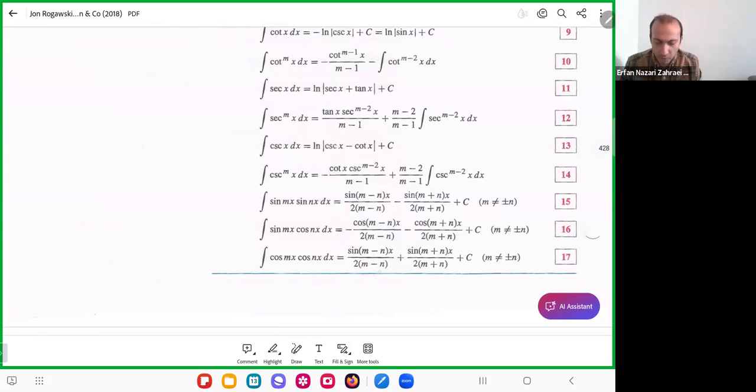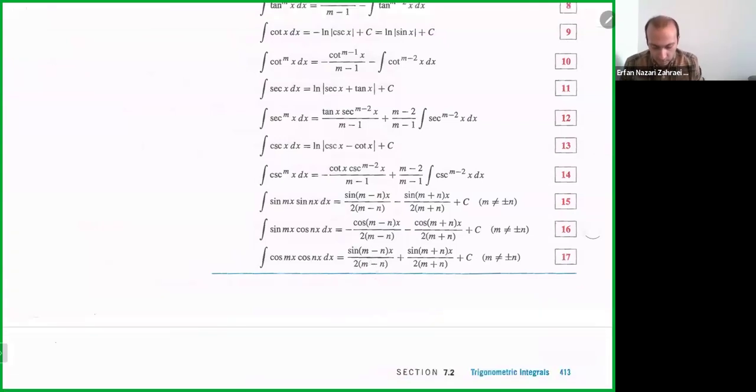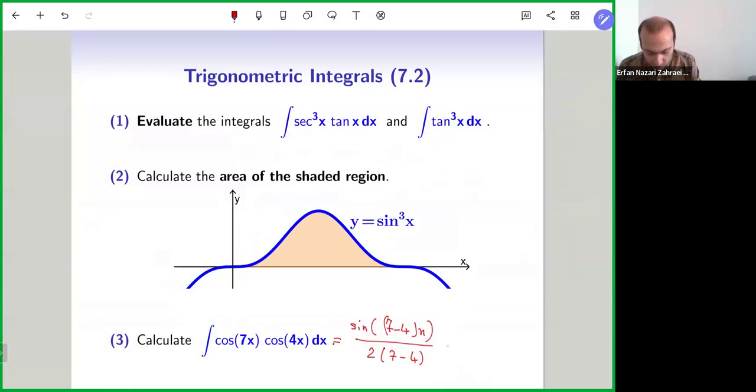It's the first term in formula number 17. Now the second term is minus sine of the sum of these, 7 plus 4, x, over twice 7 plus 4. And plus, this is an indefinite integral, so of course it involves a generic constant.